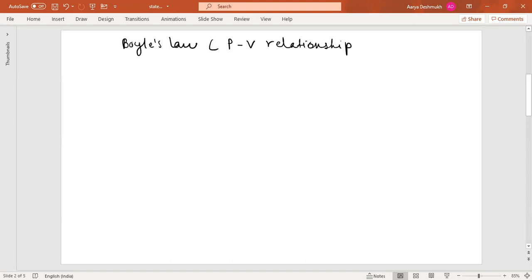So this law tells you about the relationship between pressure and volume. Always remember, when you talk about Boyle's law, it is always the relationship between pressure and volume. Robert Boyle carried out a number of experiments on various gases, and he observed that at constant temperature, so this is important, when you talk about Boyle's law, the temperature is always constant.